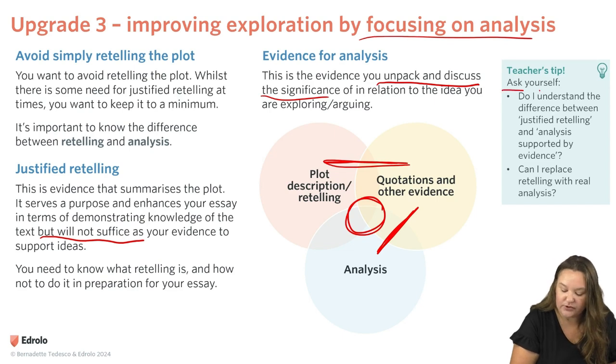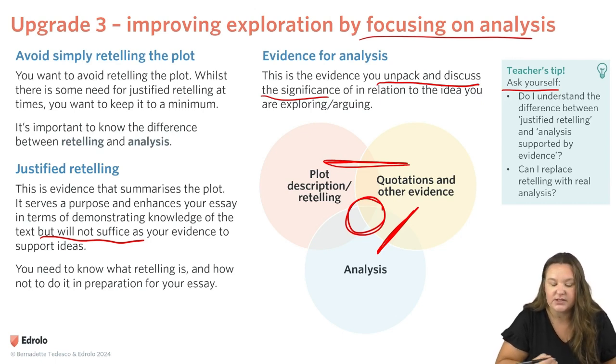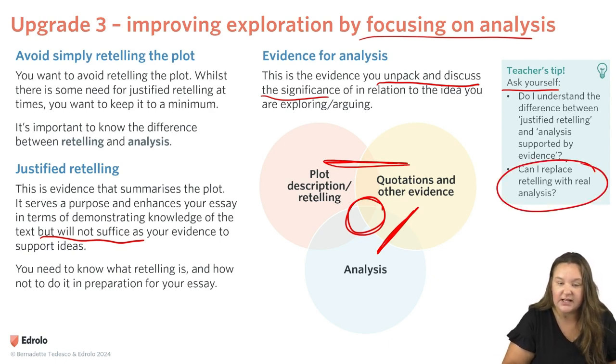Ask yourself, do I understand the difference between justified retelling and analysis supported by evidence? Can I replace the retelling with real analysis? So what ideas are coming across through this piece of evidence rather than just what happened in the play or text? Think about, can I replace this retelling with real analysis?